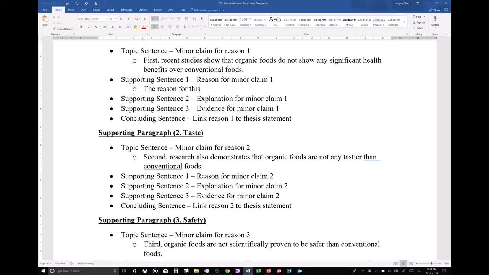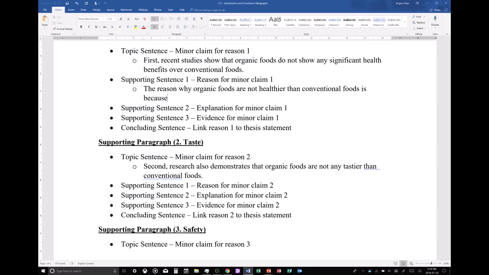For this, why organic foods are not healthier than conventional foods is because they do not have more vitamins and minerals, something like this.